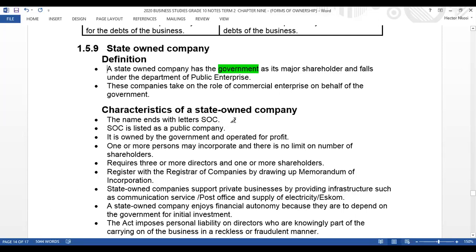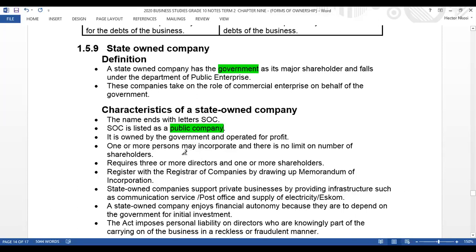Then that will be regarded as a state-owned company. An SOC is listed as a public company, which means it uses the requirements of a public company. And we all know that all public companies must register through the Johannesburg Stock Exchange, or JSE.